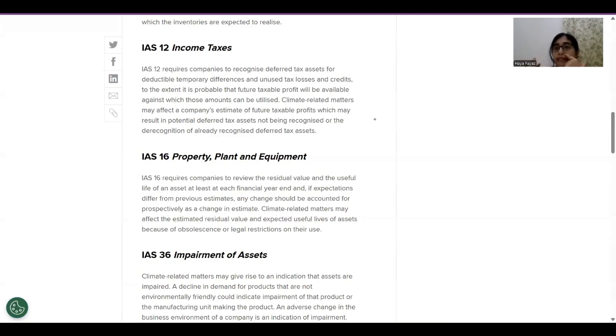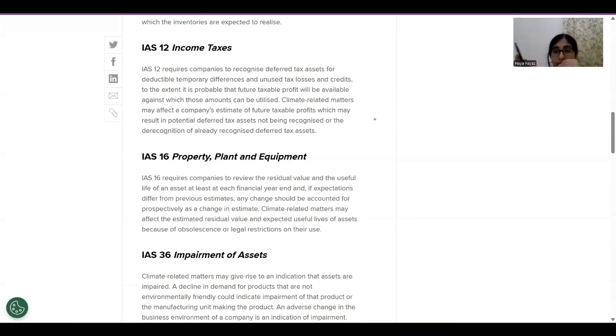If you know income tax IAS 12, you should know what I'm trying to say. So only if those future profits are there against which we can offset the tax losses. If that's not there, then what will we do? That deferred tax asset itself will be written off.